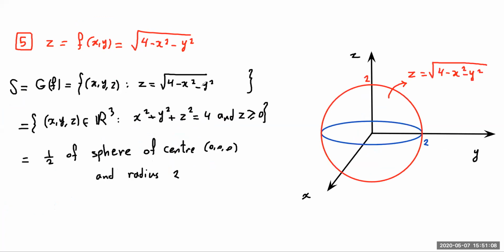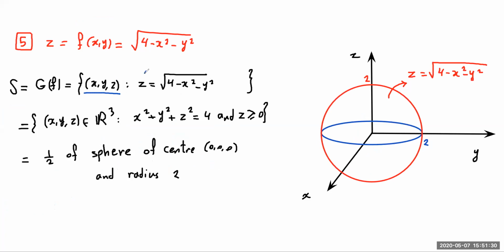The last example, let's take the function z equal f(x,y) equal square root of 4 minus x2 minus y2. So we can write the surface of the function, or the graph of the function, as all the points x, y, z, where z equal to this root.